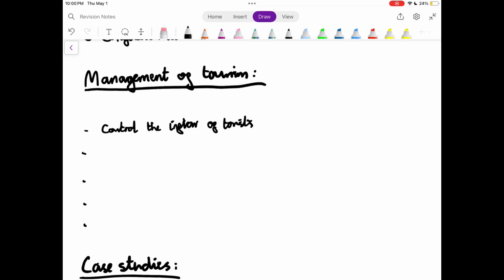Next is to fence off fragile ecosystems. So this means creating national parks and limiting the amount of tourists that can enter these national parks, and also prevents a negative impact on the biodiversity of these ecosystems.